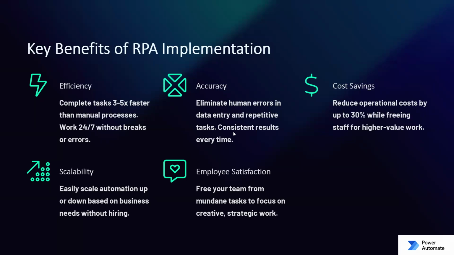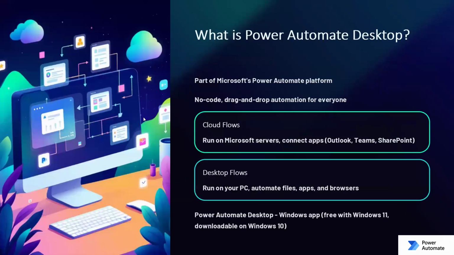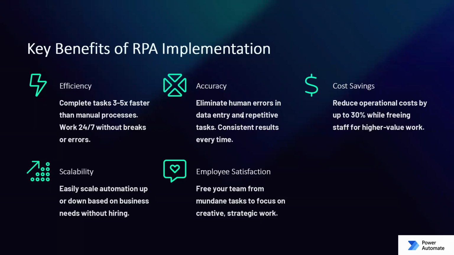Talking about accuracy, yeah, there can be and there are 100% chances of having human errors whenever you are doing any data entry job or any kind of repetitive task. So don't be confused with the word data entry here. What it actually means is any routine based task that we generally do. That is what we are referring to as data entry here. So whenever you are entering anything on the web portal, or maybe you are reading some emails, replying to those emails, anything that is repetitive, there are chances of human errors in that.